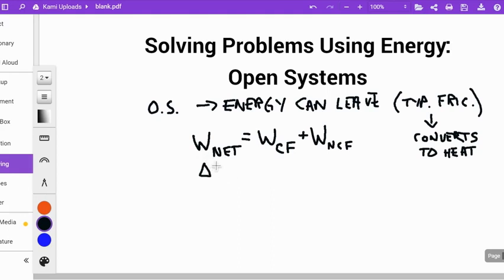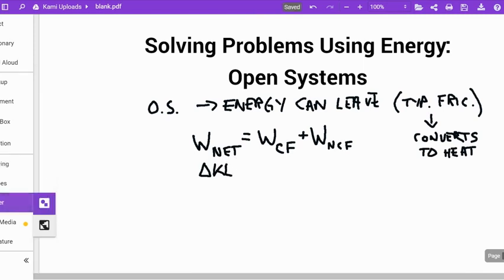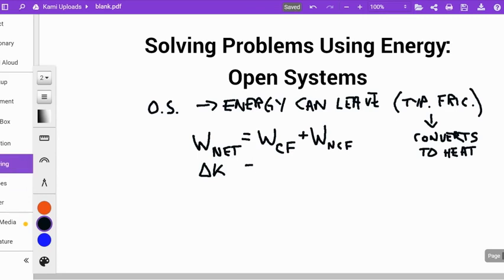We replace net work with a change in kinetic energy. I'll just write change in K. The work done by the conservative forces is going to be equal to a negative change in potential energy. And for work done by non-conservative forces, I'm going to say that that's equal to a negative change in some other type of energy.